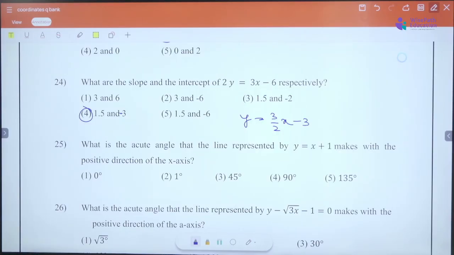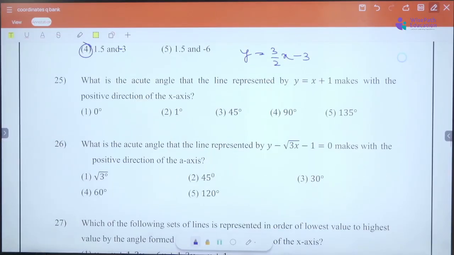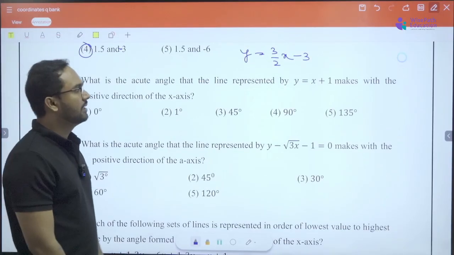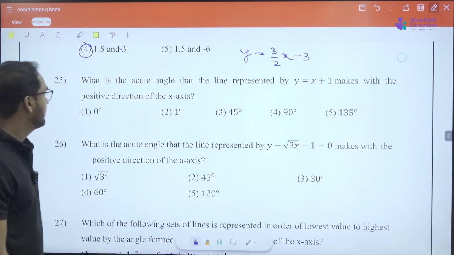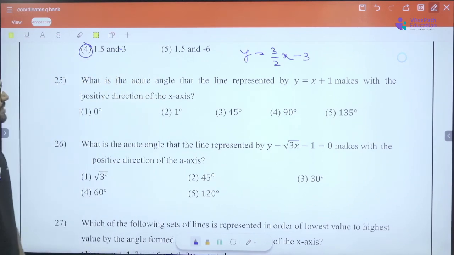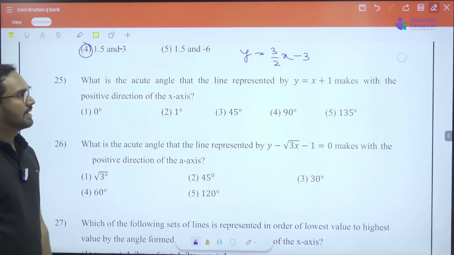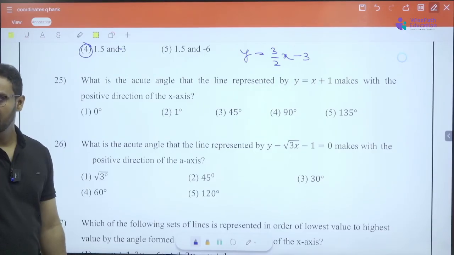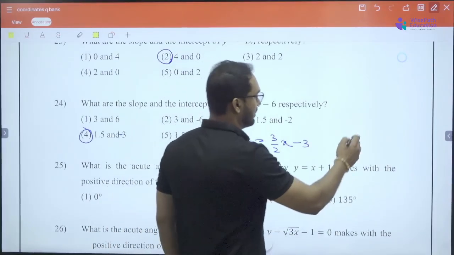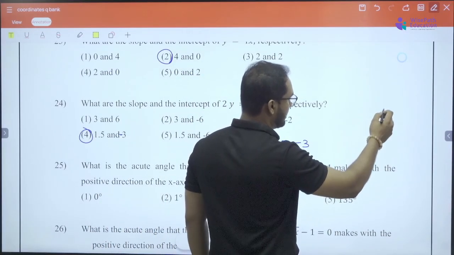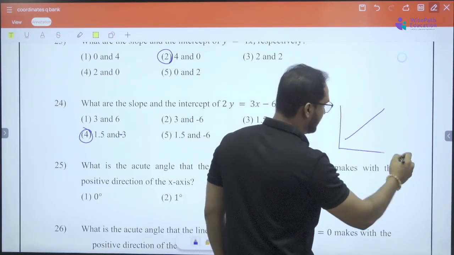And the next one, what is the acute angle the line represented by y equals x plus 1 makes with the positive direction of the x-axis? Now the gradient is how much? M is 1. So usually M is what? Now this is one of the graphs, let's say.